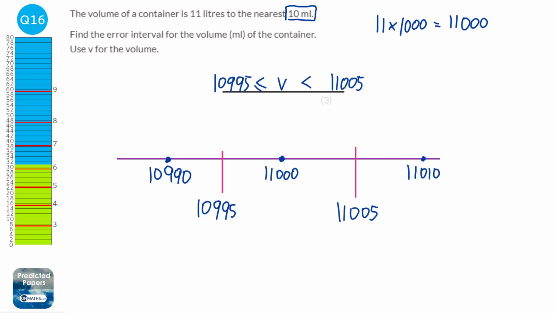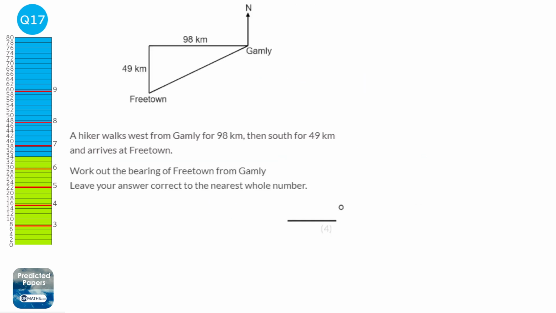We're asked to find the bearing of Freetown from Gamley, so that is this angle here. And so what we're going to do is find this angle, and this will obviously be 90 degrees because the hiker walked west, and it's against the west line and the north line, so it's definitely 90 degrees.